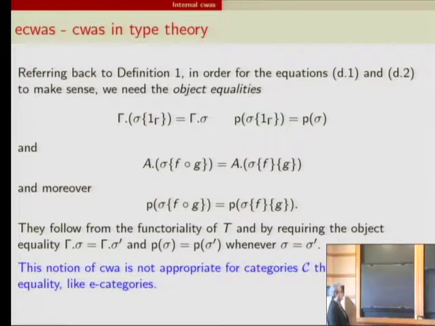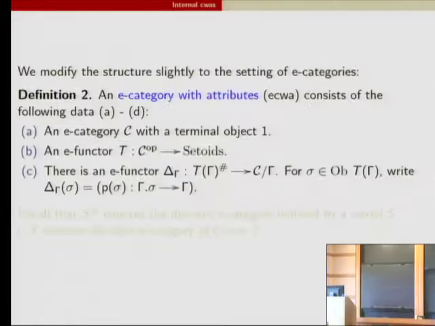Let's see what we can make of this then. Here's the slightly modified structure. An E category with attributes looks about the same at first. We have an E category instead of a category, but we have an E functor from the contexts and substitutions into setoids and not sets.